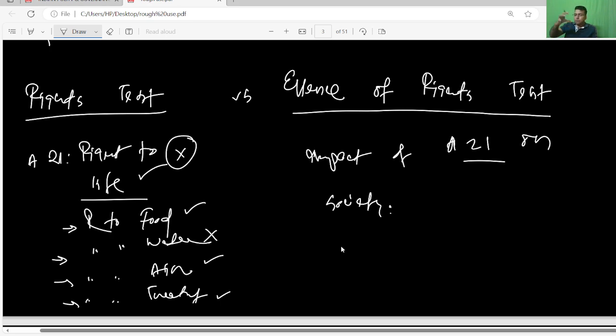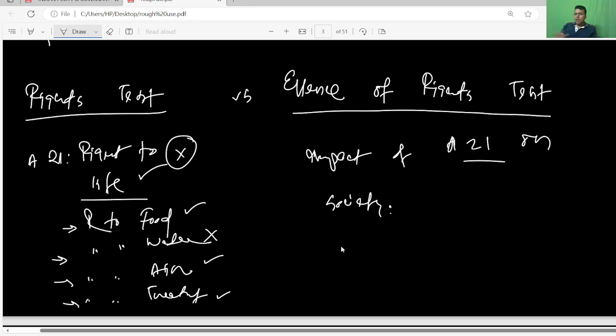No one can suppress anyone, threaten anyone, or kill anyone. This is the impact. Right to food: everyone has the right to food. It is not that only some people have food and others do not. Or you cannot prevent someone from taking water from a particular well or tube well. So this is the impact of a particular fundamental right over society.